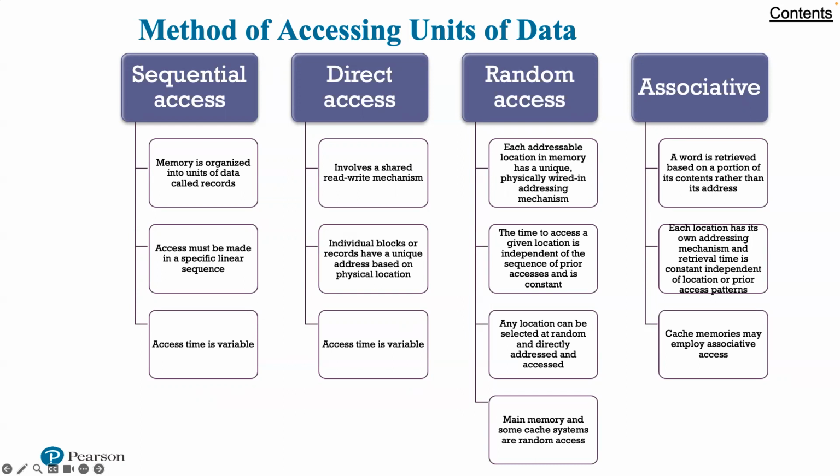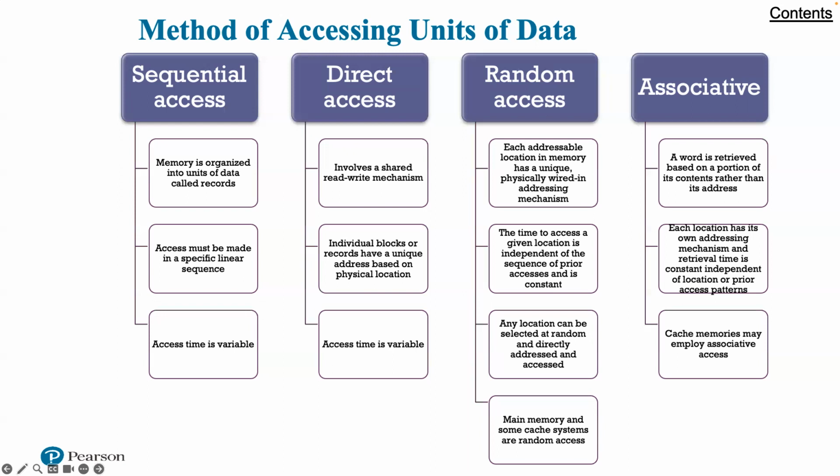Stored addressing information is used to separate records and assist in the retrieval process. A shared read-write mechanism is used, and this must be moved from its current location to the desired location, passing and rejecting each intermediate record. Thus, the time to access an arbitrary record is highly variable. Tape units discussed in Chapter 7 are sequential access.